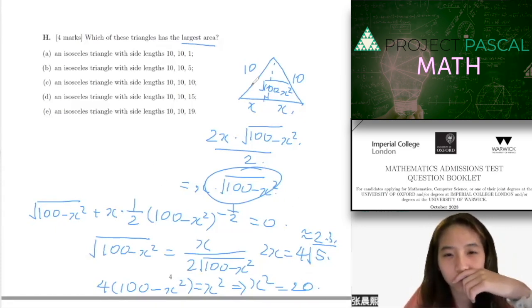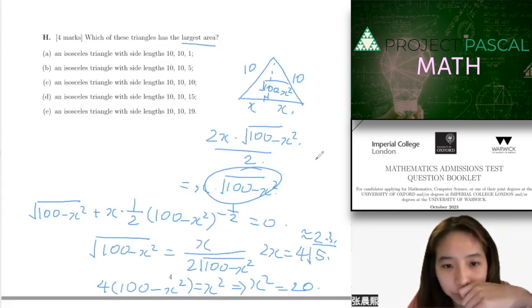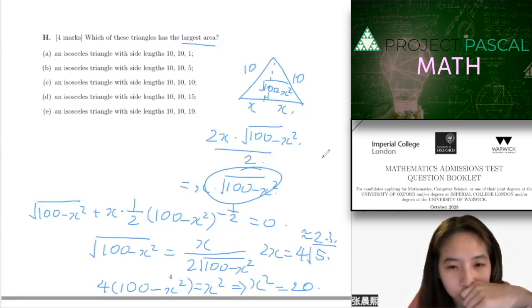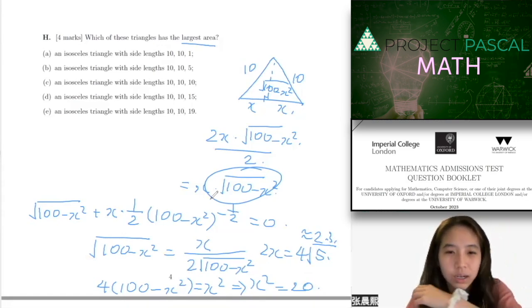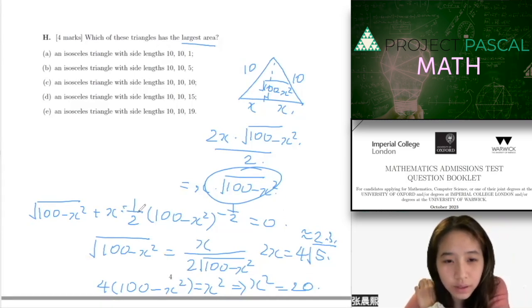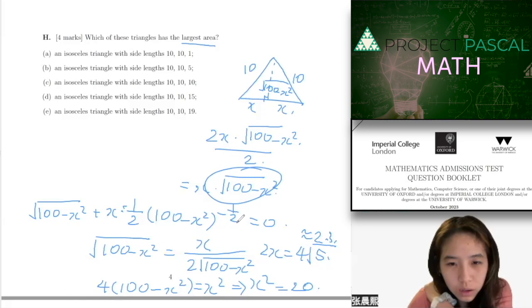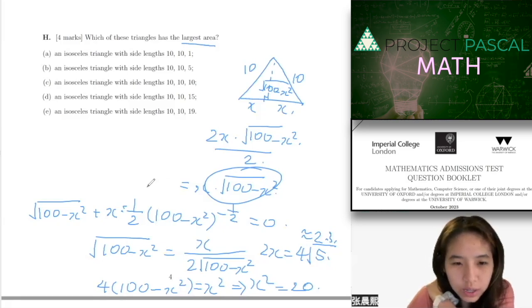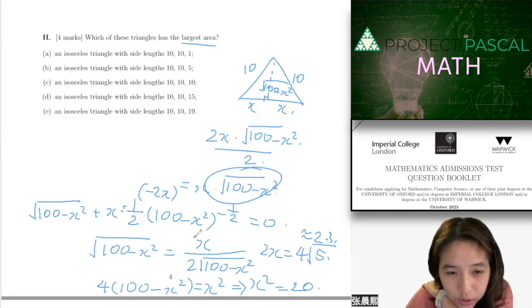Okay, so 100 minus x squared, x. Oh, nah. So here half 100 minus x squared, forgot to differentiate the thing inside, so that's negative 2x. And that gives x squared.